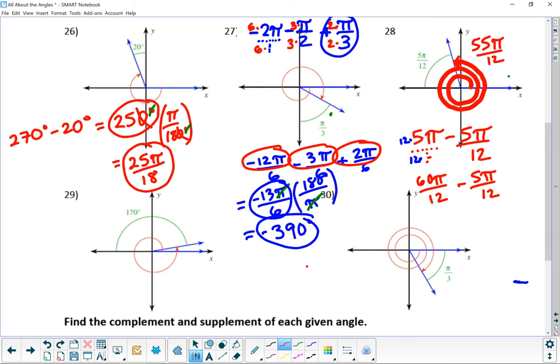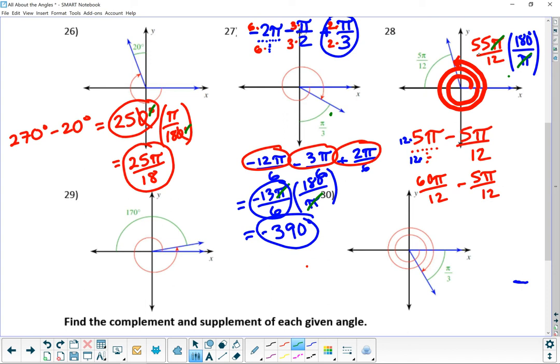Okay. And now I need to convert that over to degrees. How much is that in degrees? Well, since my pi is on top, I need to put a pi on the bottom diagonally so it can cancel. And you know that 180 is the same as pi in degrees and in radians, so they're equivalent. By doing this, we've canceled out the pi's and we're left with degrees.